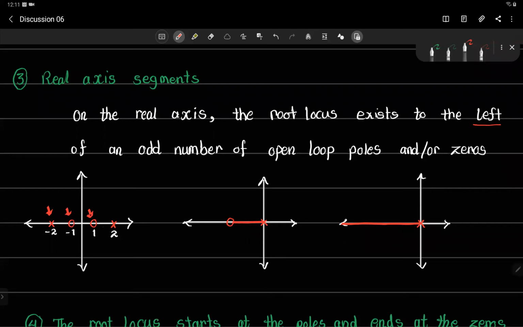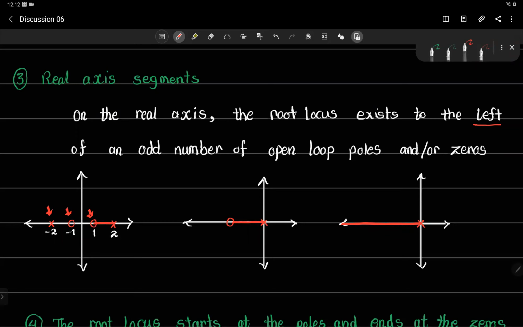So any point here will have an odd number of poles and zeros to the left, which means that this is a segment of the root locus.